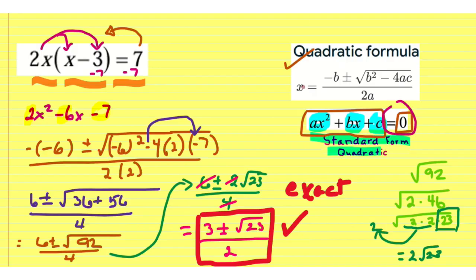But if we leave it in this radical format, then it is an exact answer. So this gives me two solutions. I have one when I add the square root of 23, and I have another solution when I subtract the square root of 23. Those are my solutions to my original quadratic up here. Okay?